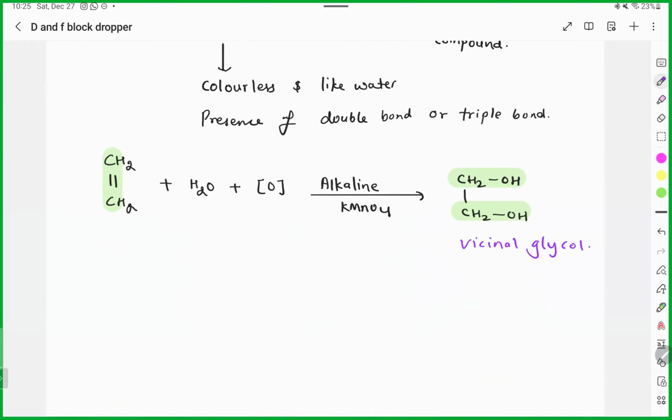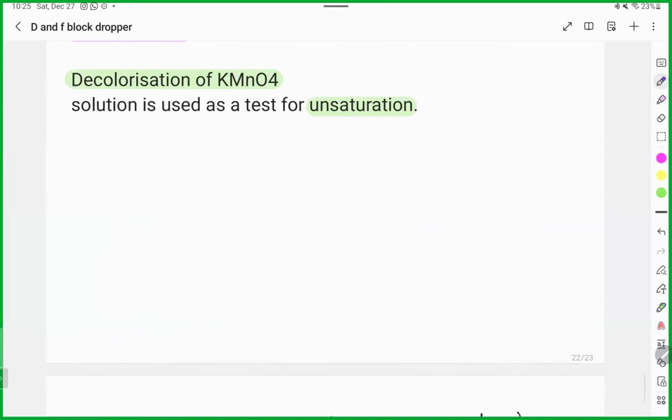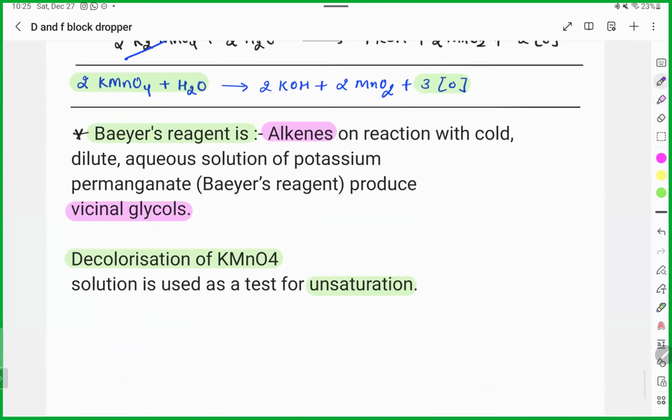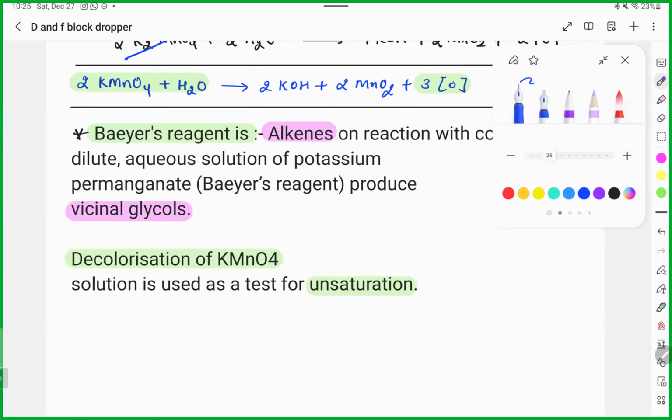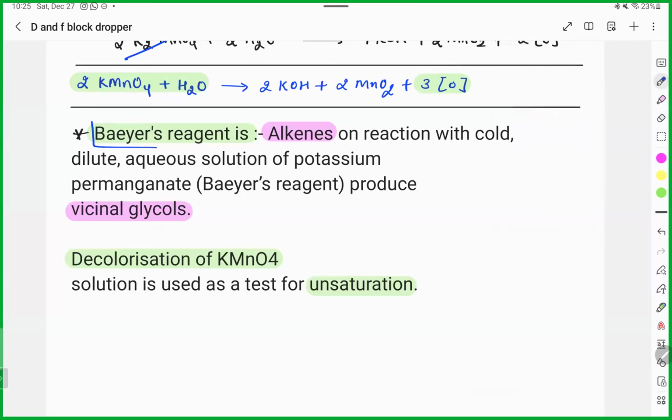Correct, guys? So you read the topic. I revised the same topic again, but still you felt that we read something new. Yes or no?